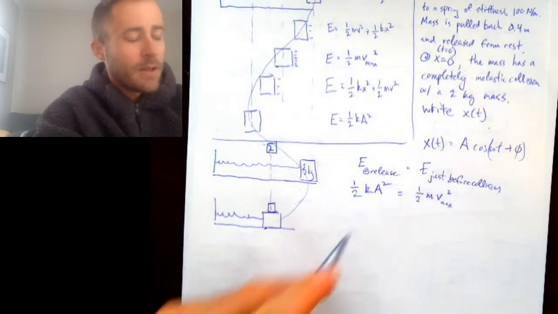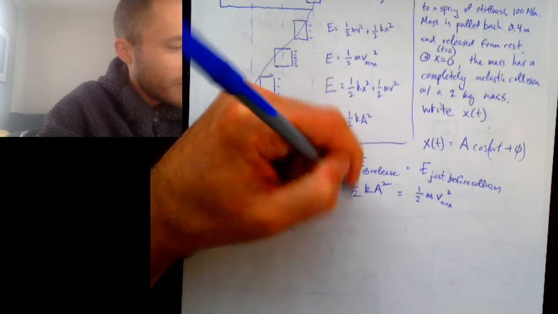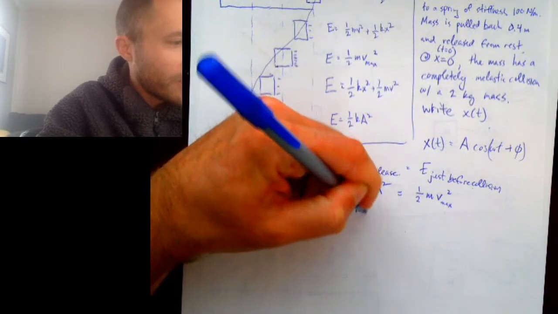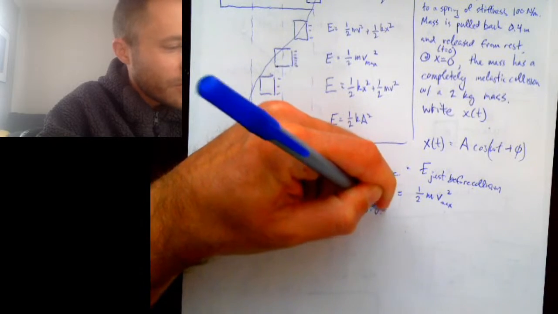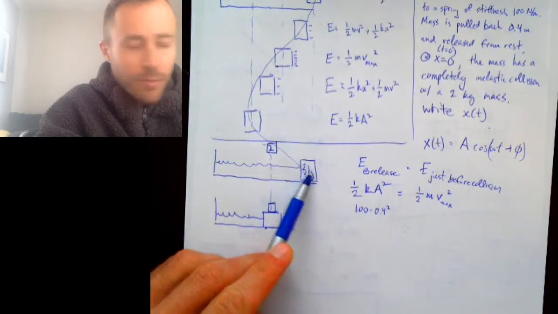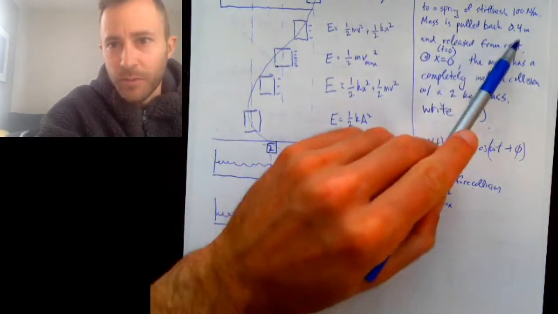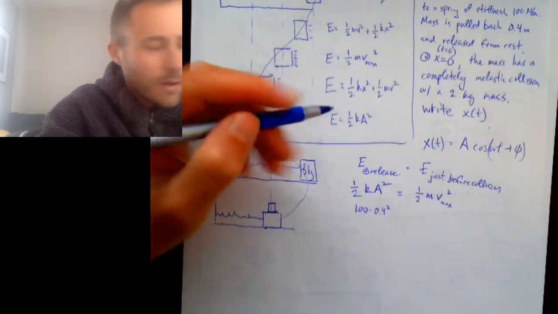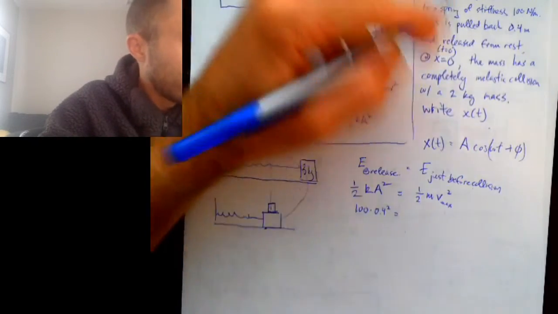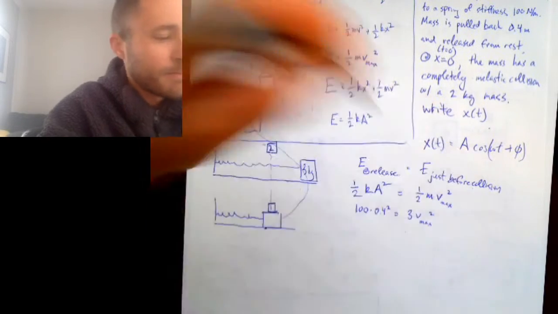All right, so we can use this. Let me plug in numbers here. I have 100 times 0.4 squared, where the amplitude before the 2 kilogram mass is dropped on is 0.4, equals 3 times v max squared.